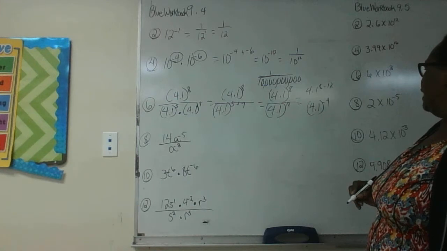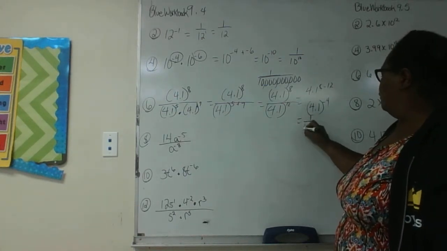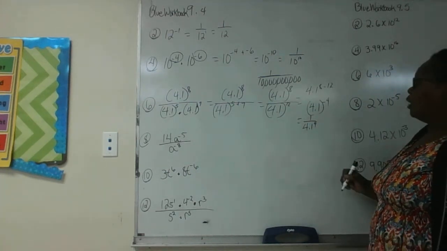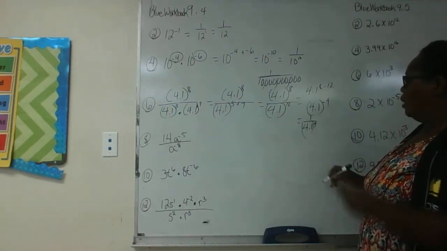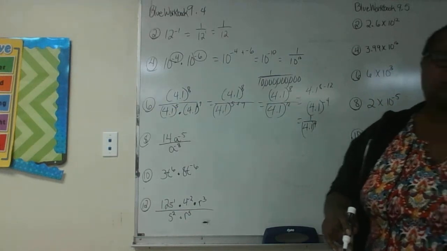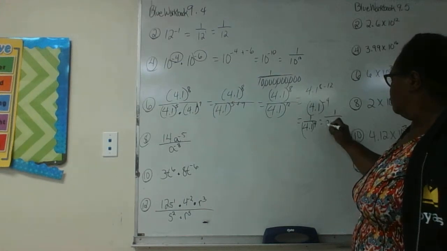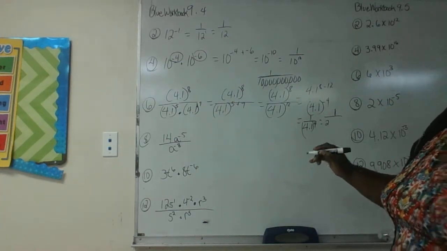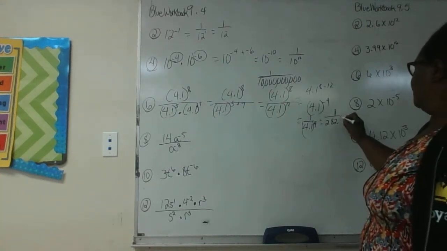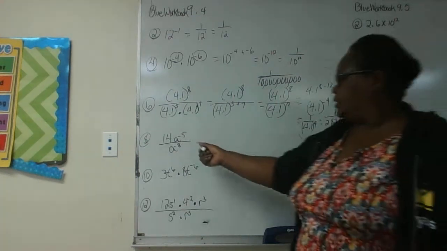Remember, we want to write it in a positive manner, so our final answer is 1/4.1 raised to the 4th power. Now, we take 4.1 times 4.1 times 4.1 times 4.1, 4 times, and in the end result, we have an answer of 1/282.5761.